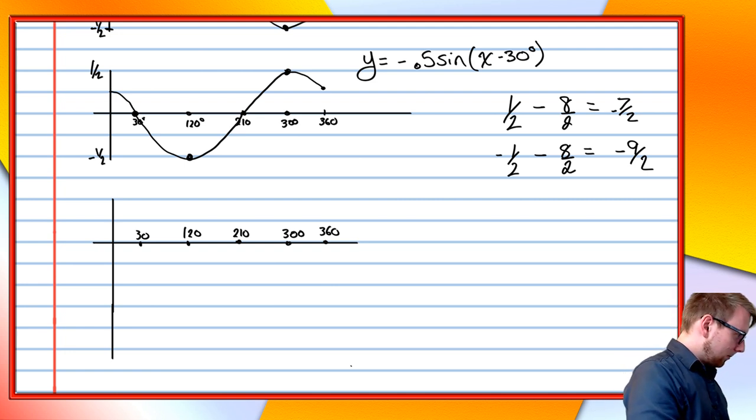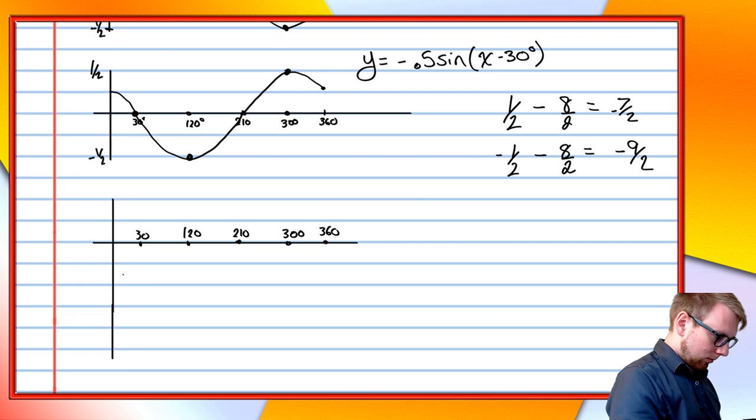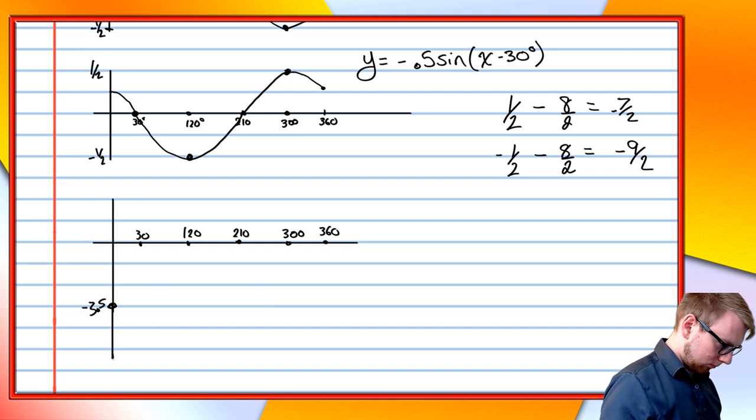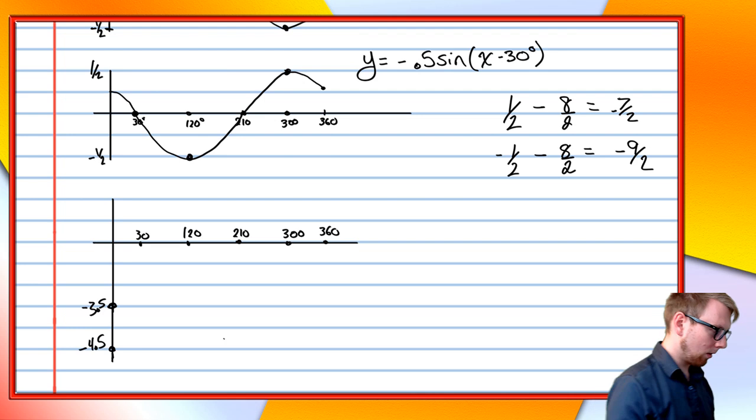And now we go from minus 7/2, which is minus 3.5. So we'll say that's here. And we'll say this is minus 9/2, so minus 4.5. And then you just redraw your graph.